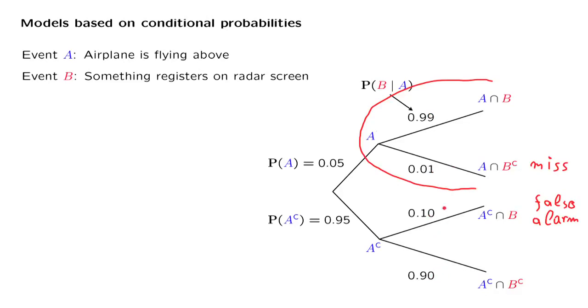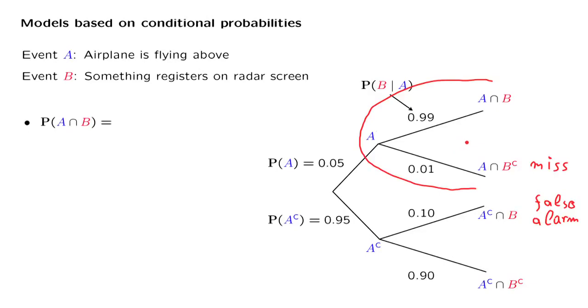They describe how the radar behaves in a world in which an airplane has been placed in the sky, and some other numbers that describe how the radar behaves in a world where nothing is flying up in the sky. So we have described various probabilistic properties of our model, but is it a complete model? Can we calculate anything that we might wish to calculate?